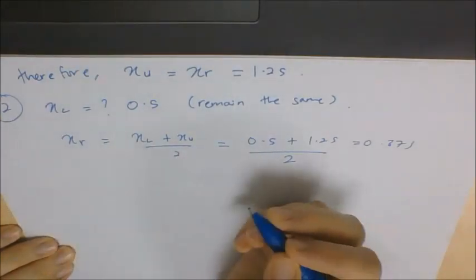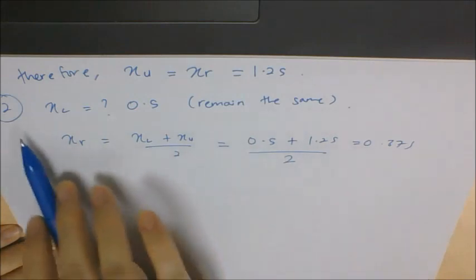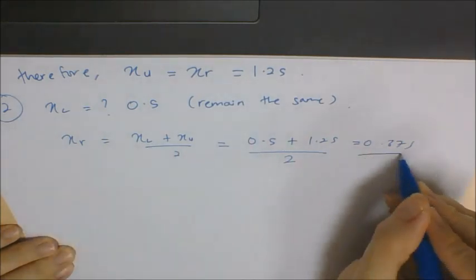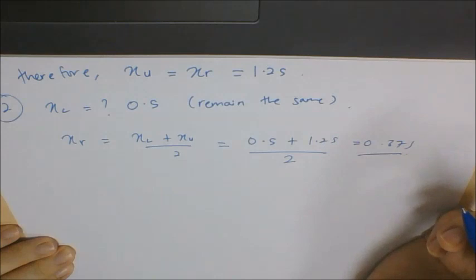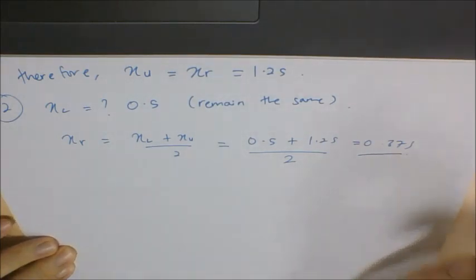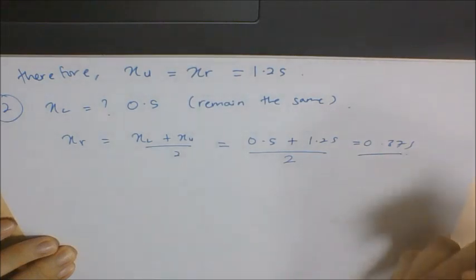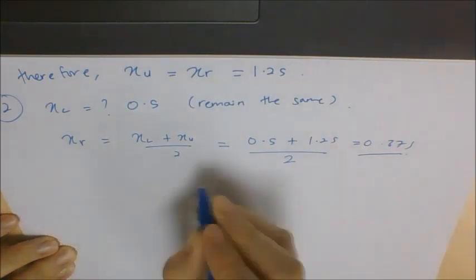Okay guys, so let's continue. Now that you have your estimated root in the second iteration as 0.875, you need to do the next step, which is the evaluation, to decide whether you set XR equal to XU or XL. How to do this?